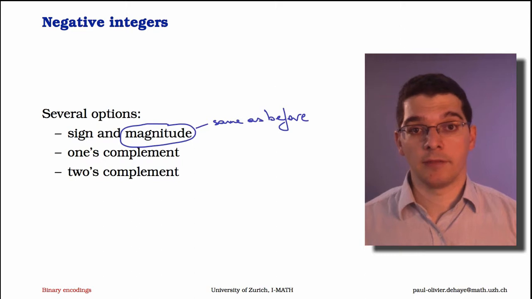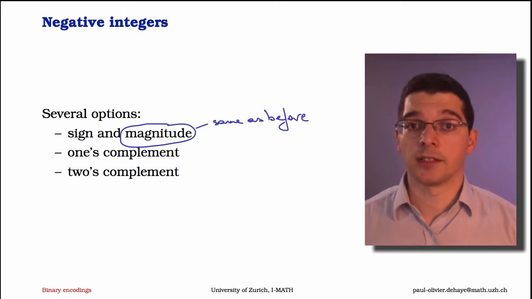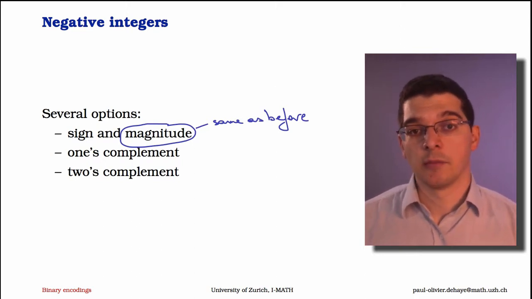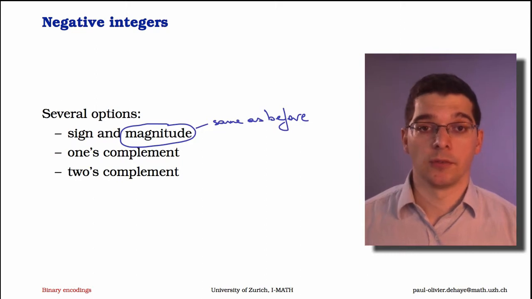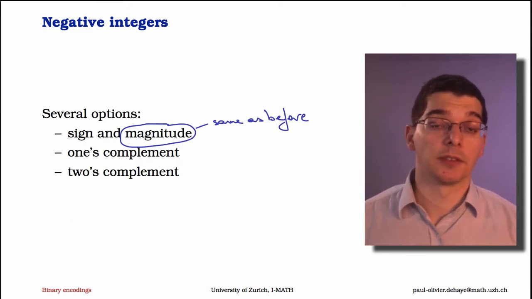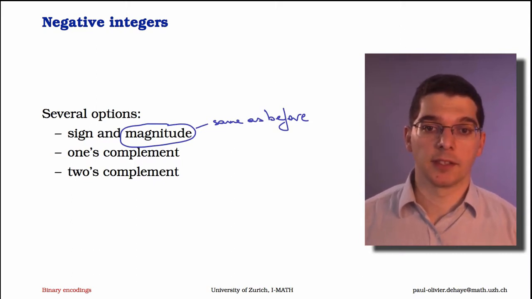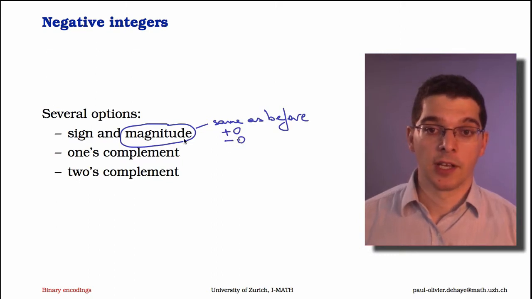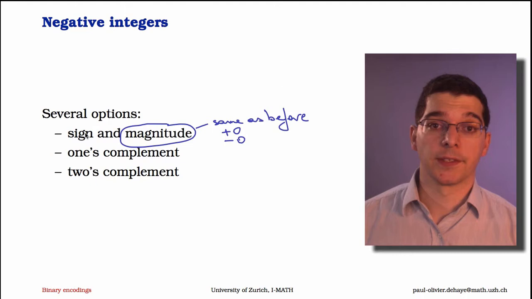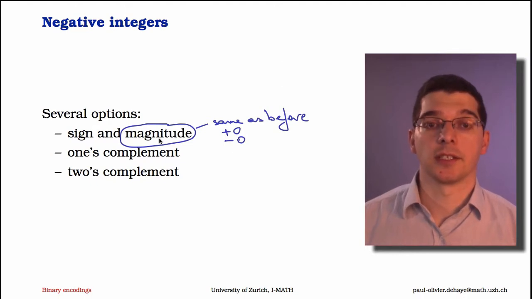You could have this convention. You could agree that this is your convention to represent integers, but you very quickly run into trouble with this. The main reason, or one of the main reasons, is that you have 2 different encodings for 0. You could have plus 0 or minus 0. Right? Because the magnitude will always be 0, but the sign could change, yet this represents the same number.